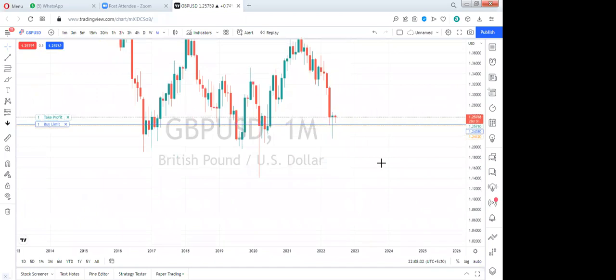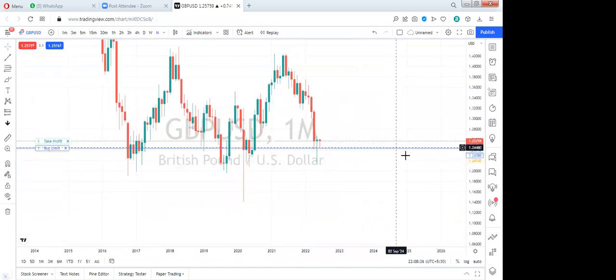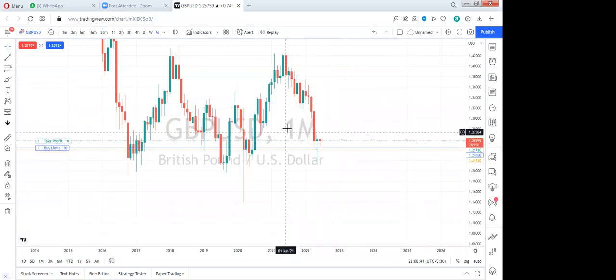So I was not afraid, but I was not able to capture the fall movement and even the reversal movement, and I missed a good profit. That was the issue.